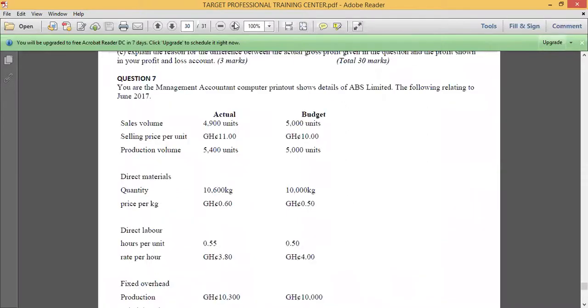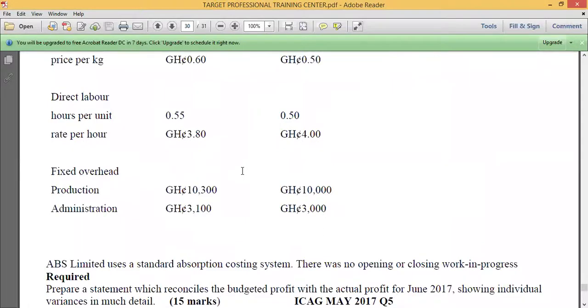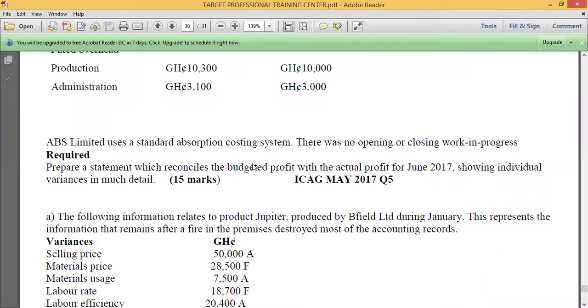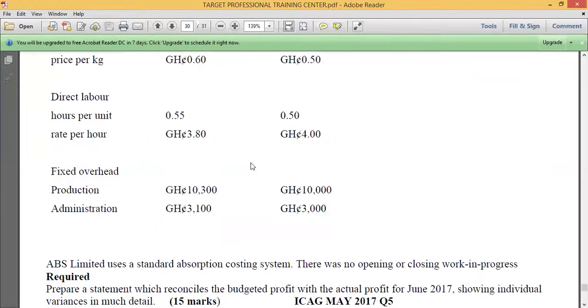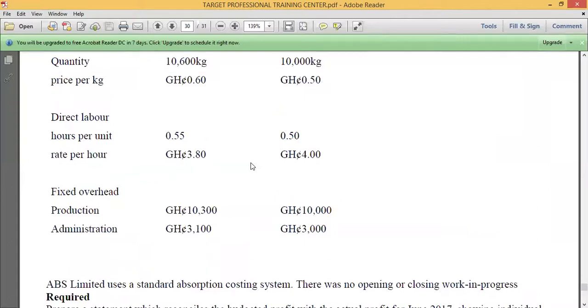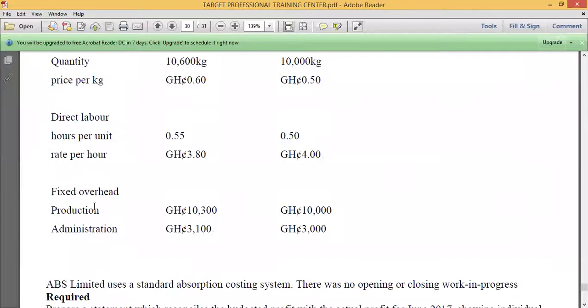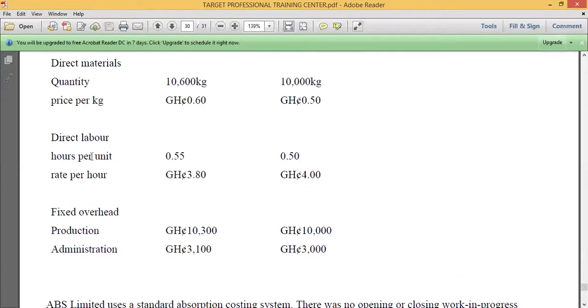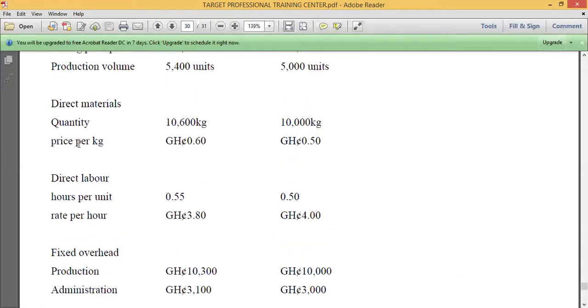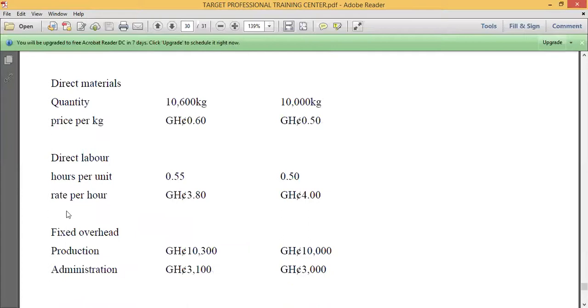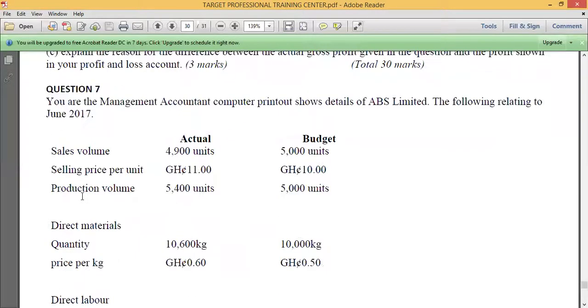So you have to calculate all the variances. But there's good news: there is no variable production overhead. Apart from direct labor and material, the fixed overhead is done. So we'll be fast there.